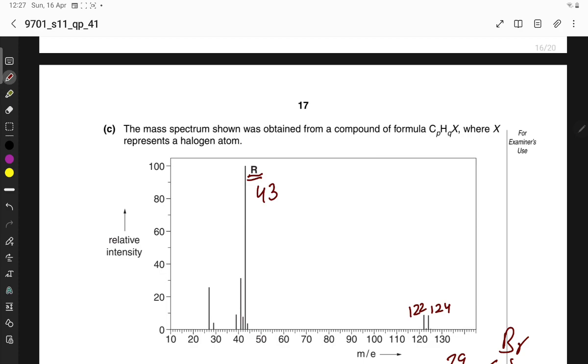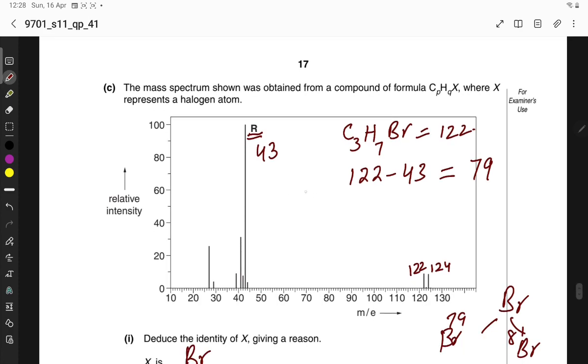Now we have C3H7Br equal to 122. So if the peak appears at 43, let's subtract 122 minus 43. It means a fragment of 79 is lost.